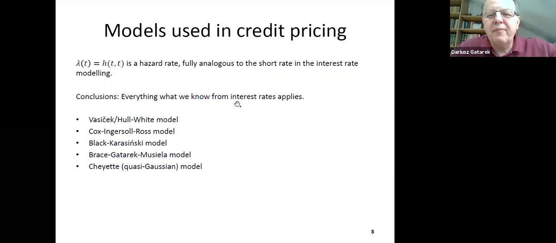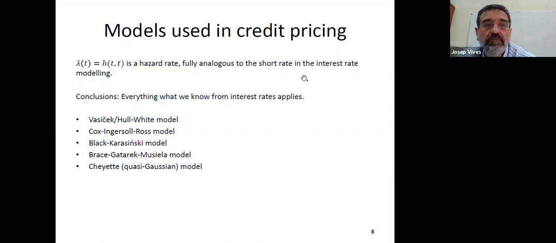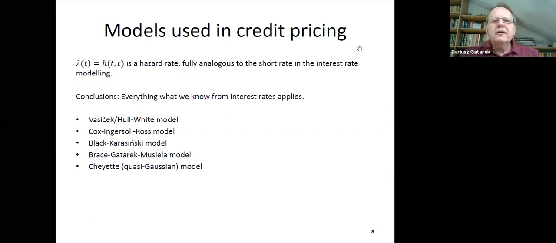Okay, so that is how to price credit risk options, which are few and not very liquid, and they were never liquid. So that's not what is most important in credit risk modeling.